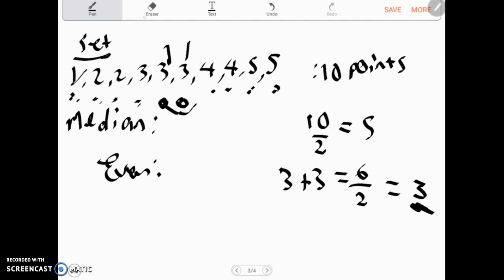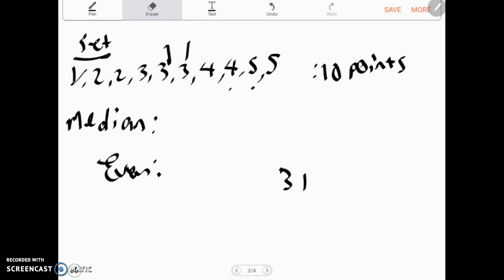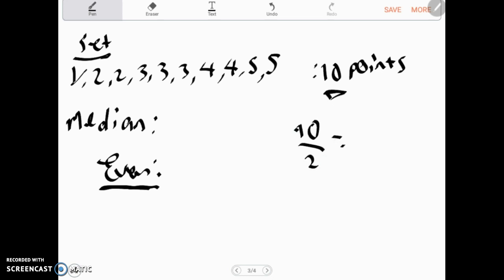Okay? So I'll just go through that one more time. If we have an even number of data points, what we do, we take the number of data points, which is 10, we divide it by 2, and we go 5 from each side: 1, 2, 3, 4, 5, 1, 2, 3, 4, 5.